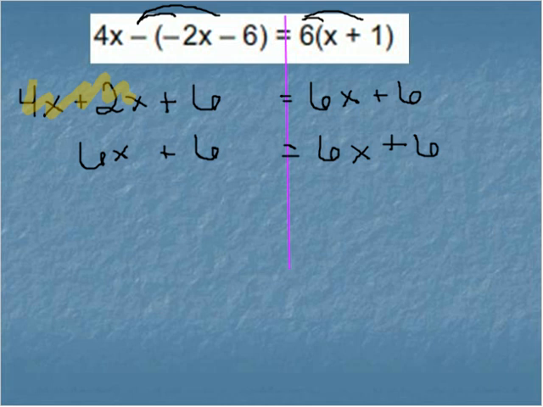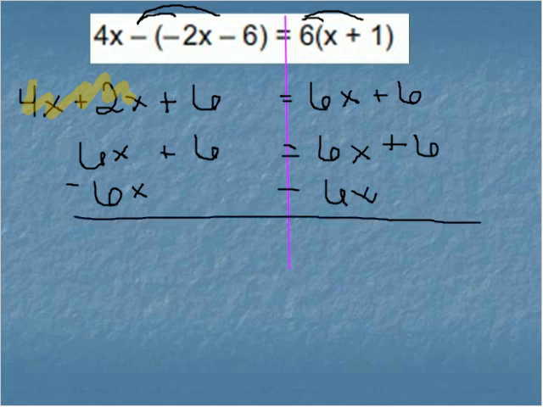So what we generally do is move the smallest variable to the other side. Well, 6x and 6x are the same, so I'm just going to start by subtracting 6x from both sides. And when I do that, I get 6 equals 6. Okay, because 6 equals 6 is a true statement. All right, our variables have canceled out.